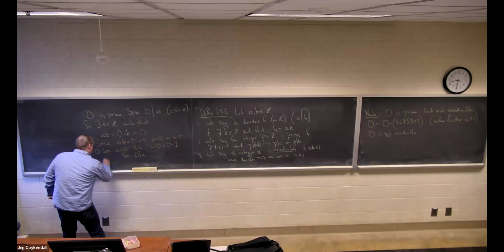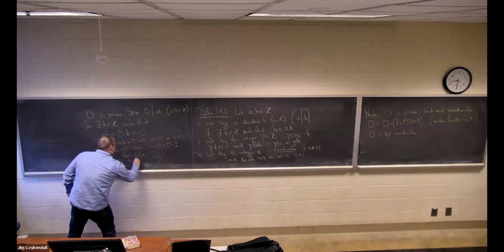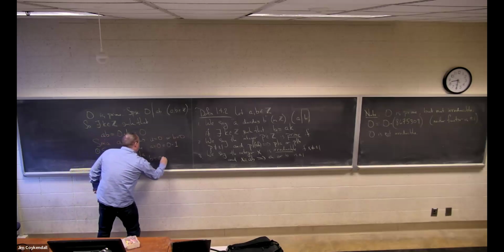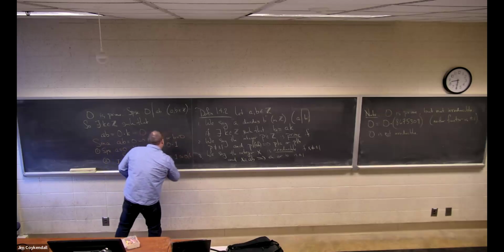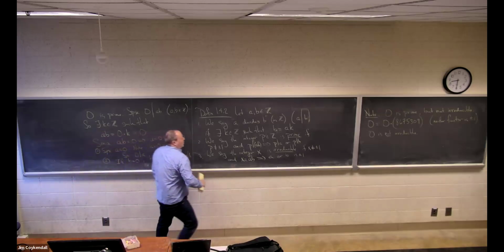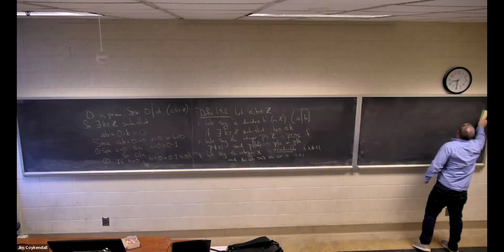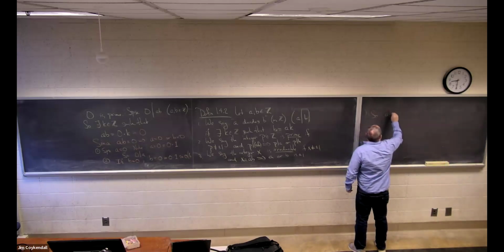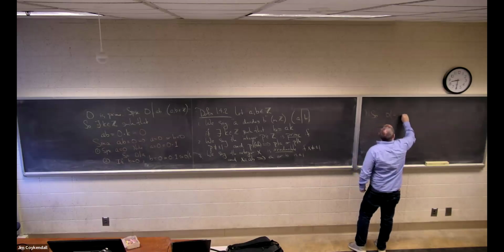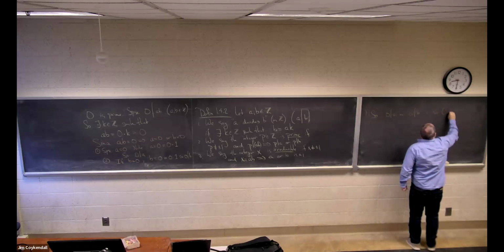And case 2 is essentially the same. If B equals 0, then B equals 0 times 1, so 0 divides B. So one of two things happens: 0 divides A or 0 divides B. And so 0 is prime.